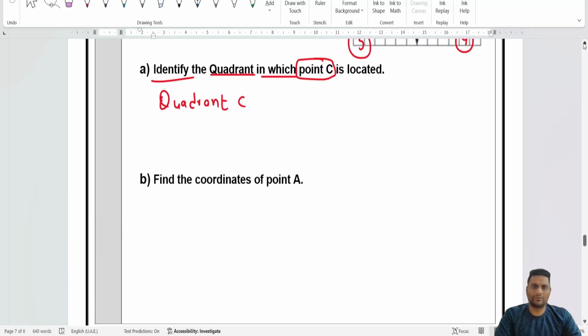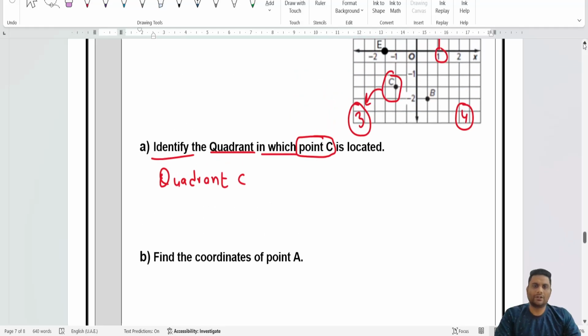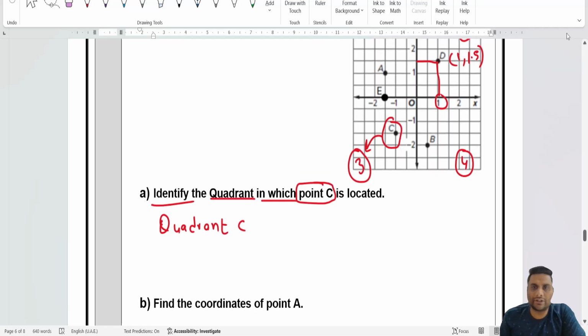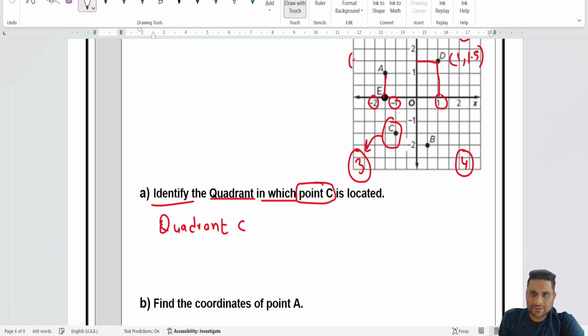Second part basically. Find the coordinates of point A. So where is point A? Here is my point A. He said find the coordinates of point A. Coordinates means first you check how much it is in X. Let me take a different color again. Check carefully. Between -1 and -2, it will be minus 1.5.